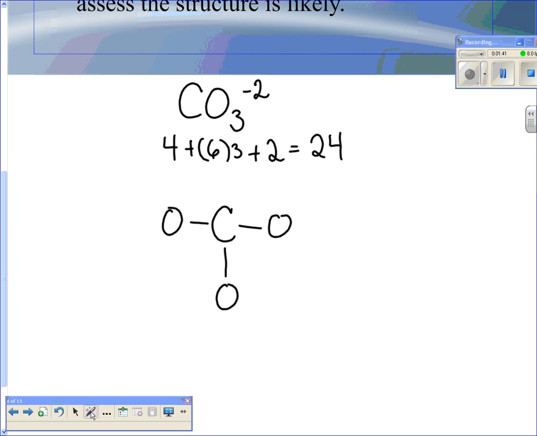And so I need to subtract those electrons from the bank of my available electrons. I've just used up 2, 4, 6 electrons. And so that equals a total of 18 remaining.